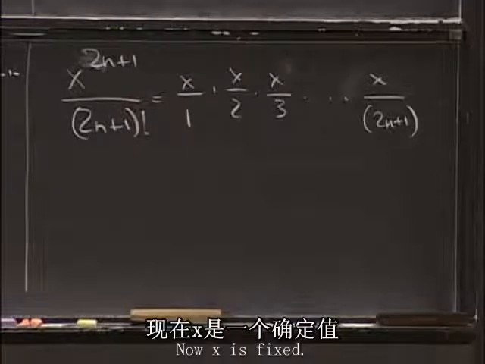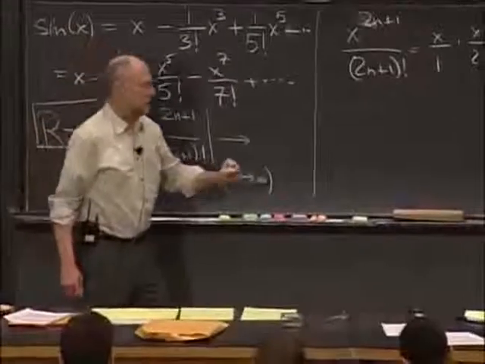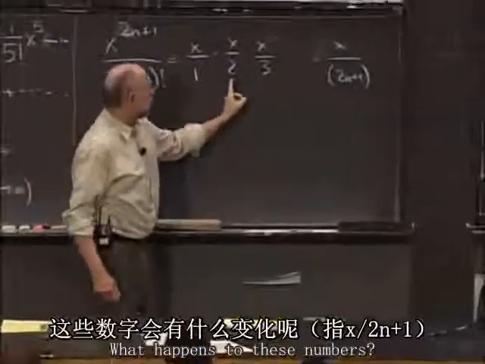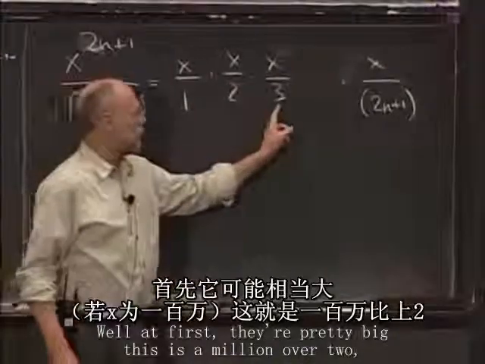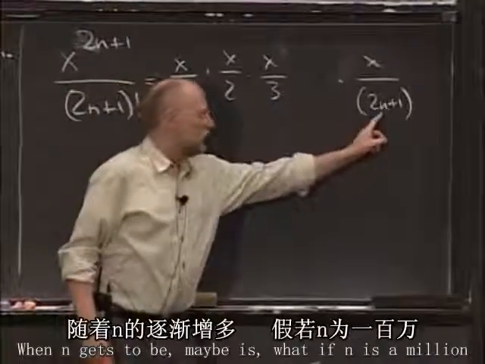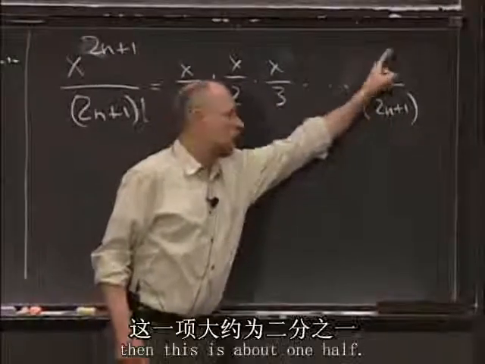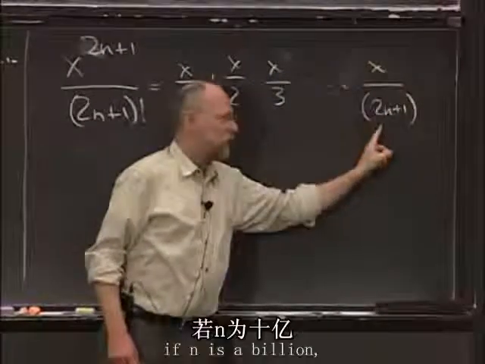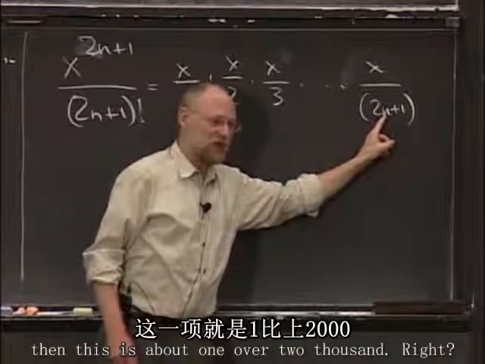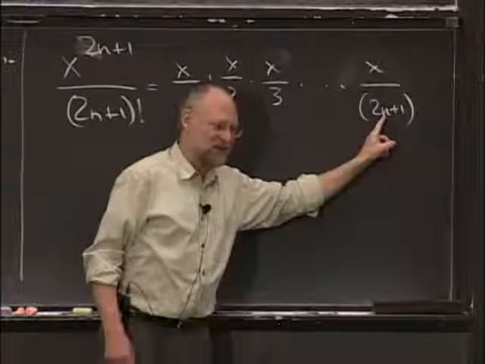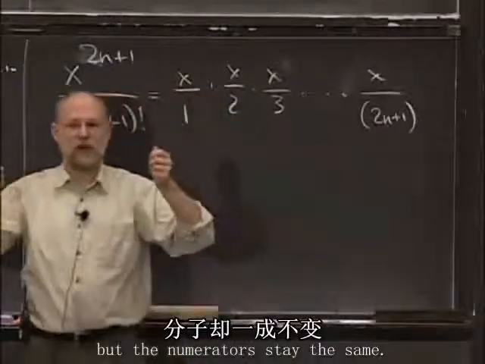Now, x is fixed, so maybe it's 1,000,000, okay? Big, but fixed. What happens to these numbers? Well, at first they're pretty big. This is 1,000,000 over 2, this is 1,000,000 over 3. But when n gets to be, maybe if n is 1,000,000, then this is about 1/2. If n is 1,000,000,000, then this is about 1 over 2,000, right? The denominators keep getting bigger and bigger, but the numerators stay the same.